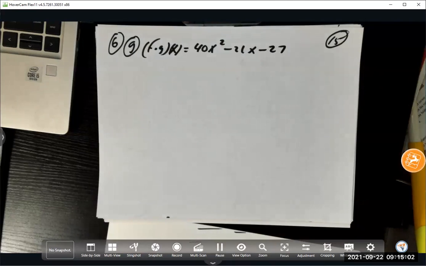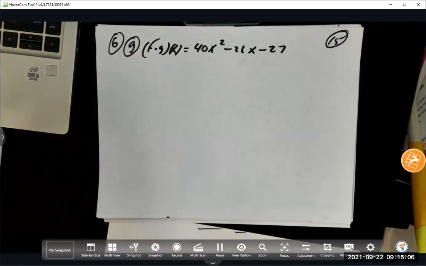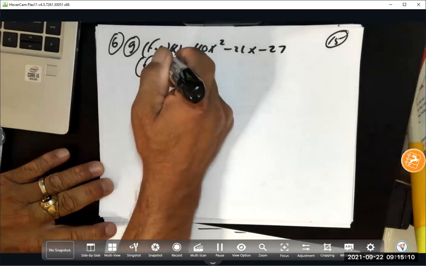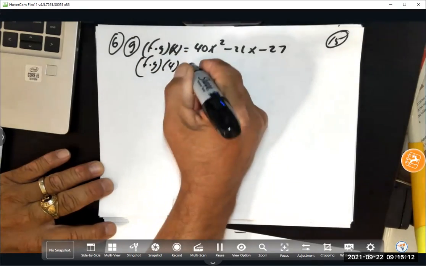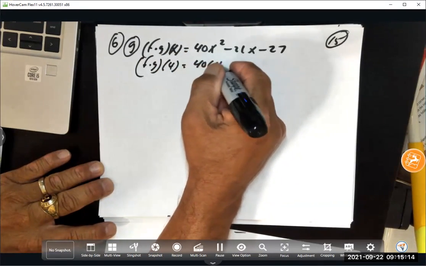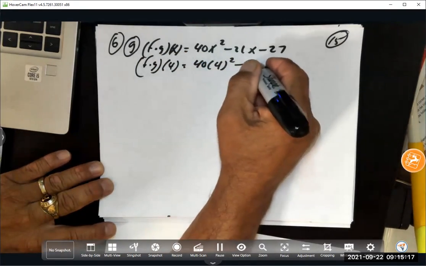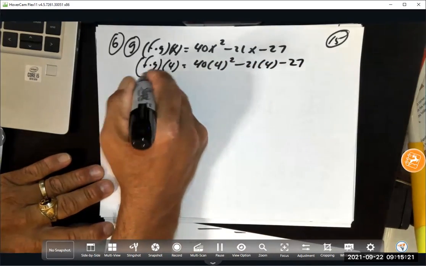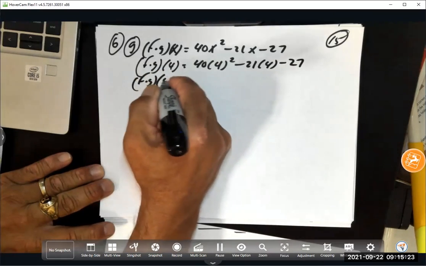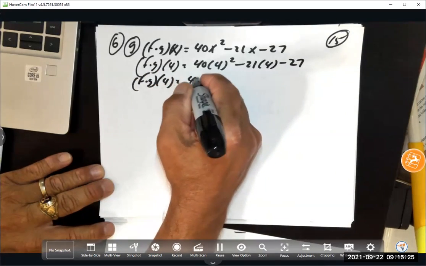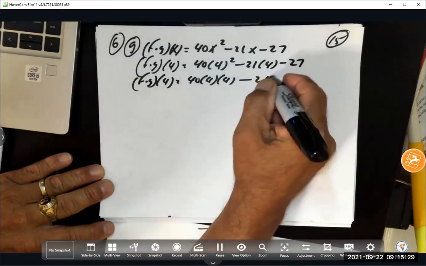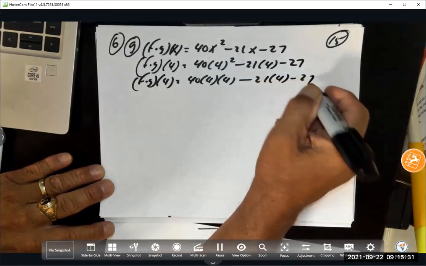Now, when I did it in my math lab, it says to put in the number 4. So F times G of 4 is going to be 40 times 4 squared minus 21 times 4 minus 27. So that's 40 times 4 times 4 minus 21 times 4 minus 27.